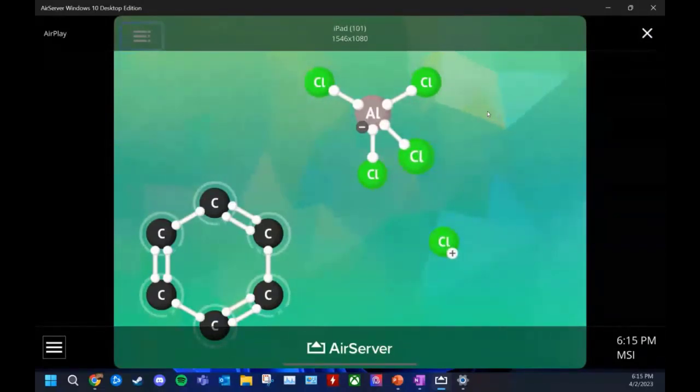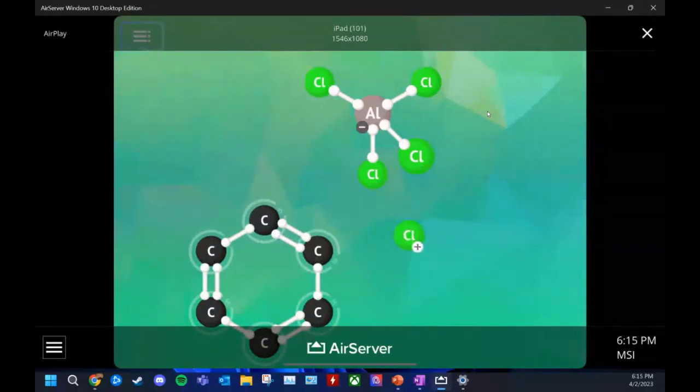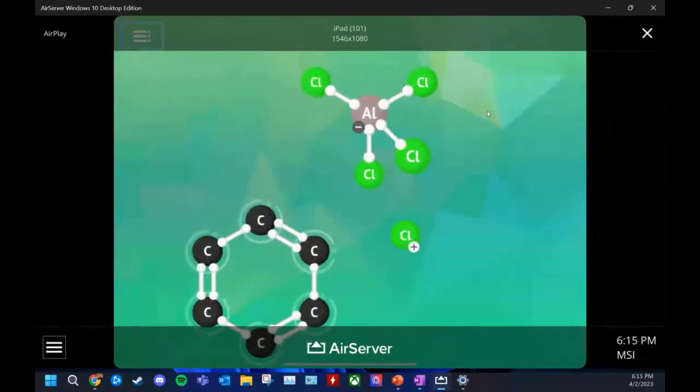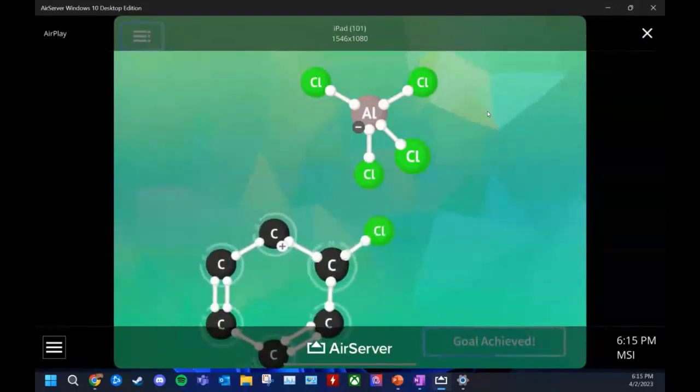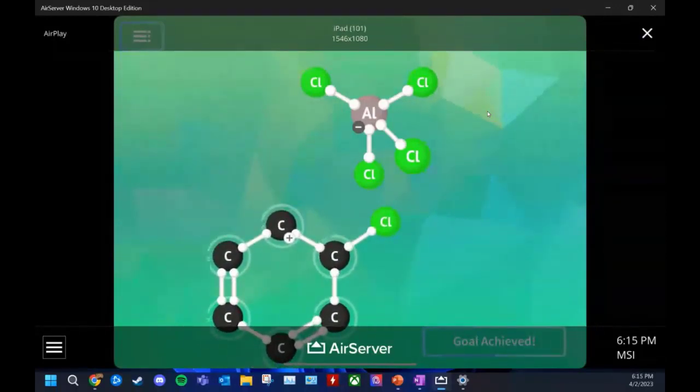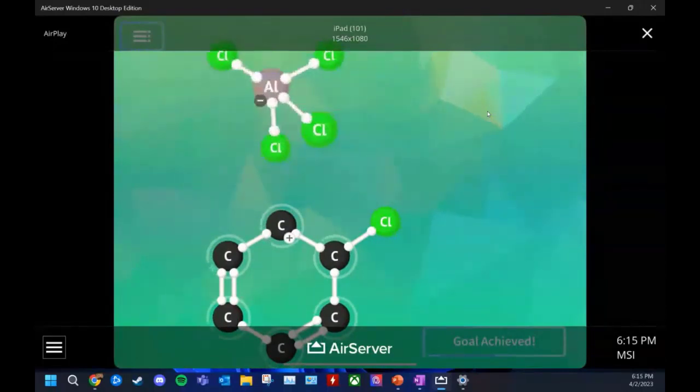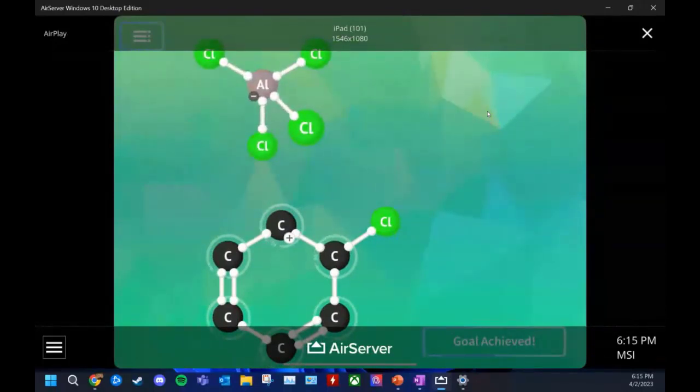Now we made the Cl the electrophile. Because of that, this benzene can now grab that Cl, and then we have that Cl on the benzene ring.